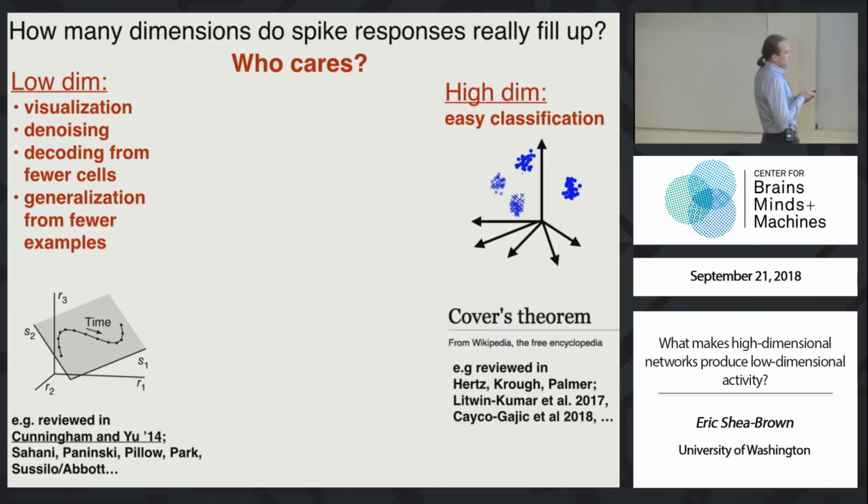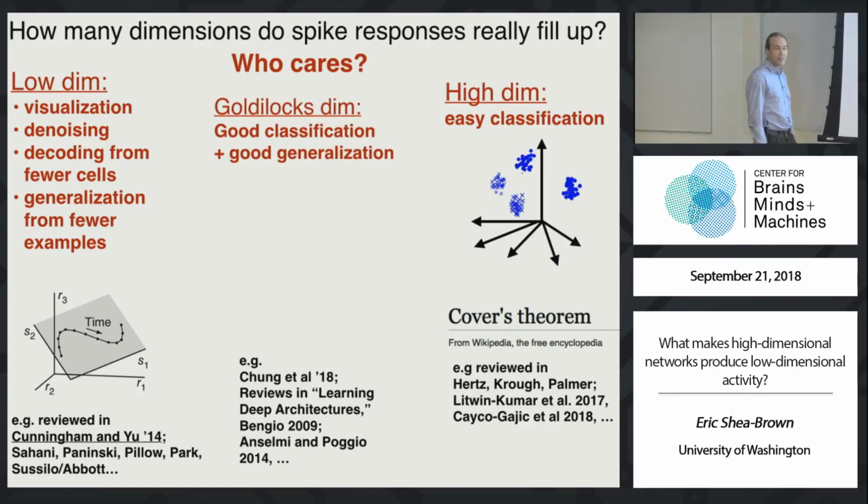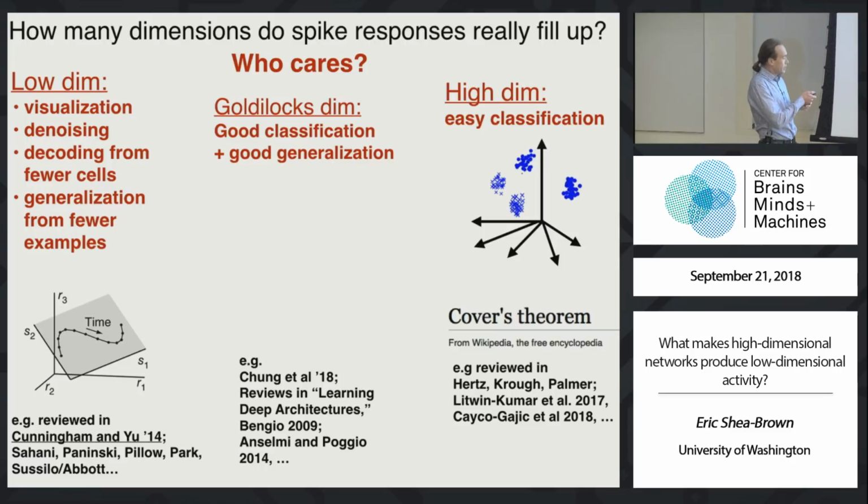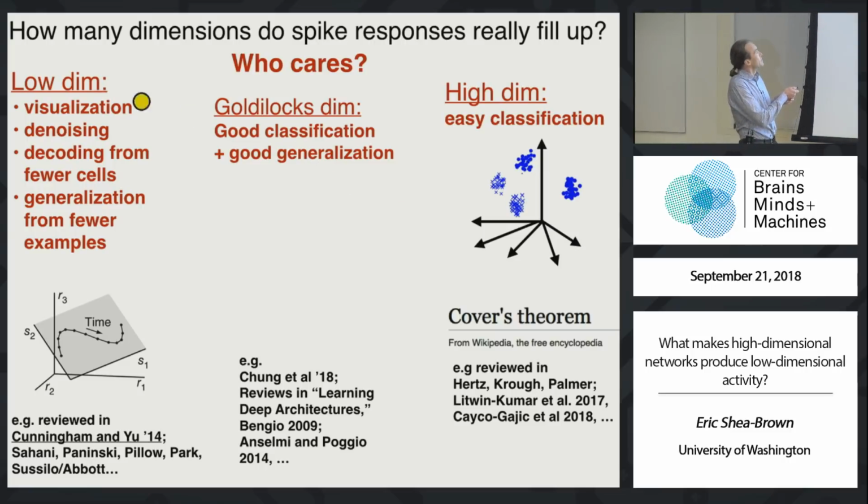audience. And in between, there is something that may be the best of both worlds. The type of representation that lets us do a task efficiently, categorize, for example, different colleagues, but also allows us to do so in a way that permits good generalization and some of these other properties here.